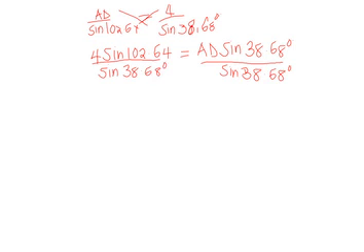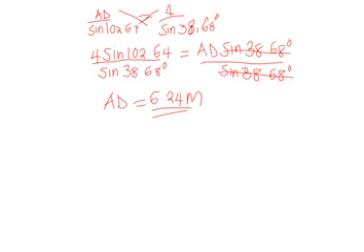So these will cancel, therefore the length of AD will be given by 4 multiplied by the sine of 102.64 degrees divided by the sine of 38.68, which is equal to 6.24 meters.